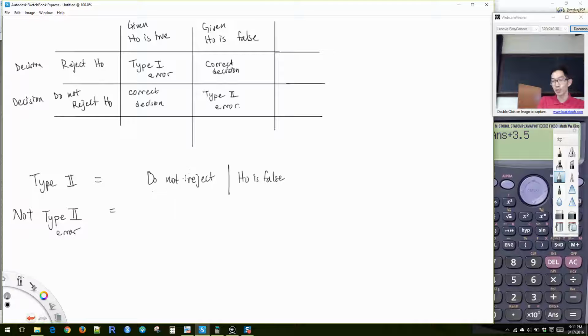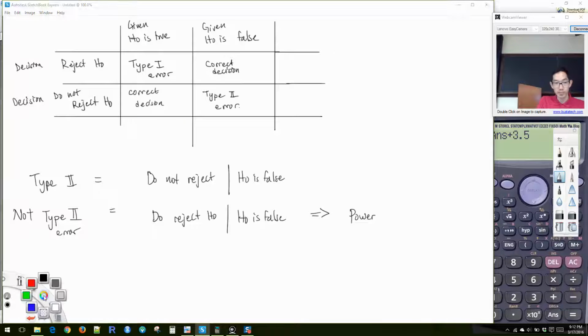I'm just going to get rid of this not, and this will be do reject the null, given that the null is false. And basically the probability of this would be the power. So that's this box right here. The probability of this box, this is the power.